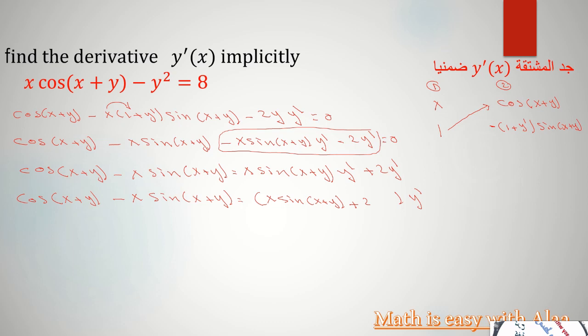So y prime equals cosine(x + y) minus x sine(x + y), divided by x sine(x + y) plus 2.